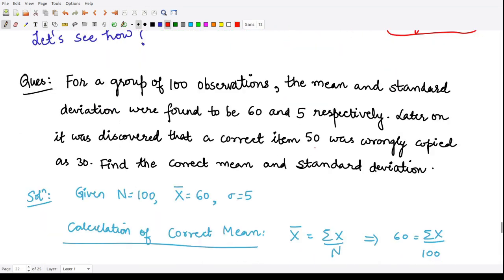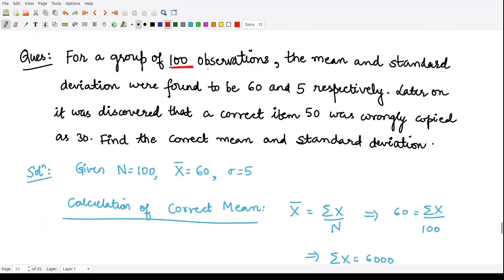So the question is for a group of 100 observations. In total we are given 100 observations. The mean and standard deviation were found to be 60 and 5. So they have given you the mean and the standard deviation. Moreover, they are saying later on it was discovered that a correct item 50, so 50 was the correct item, was wrongly copied as 30.